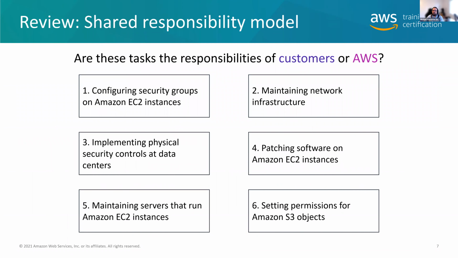Now let's test your knowledge of that statement I just made. If you're configuring security groups on Amazon EC2, which are firewalls, who's responsible for the results of that configuration? Is it customers or is it AWS?